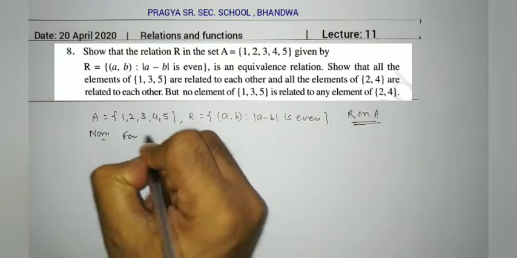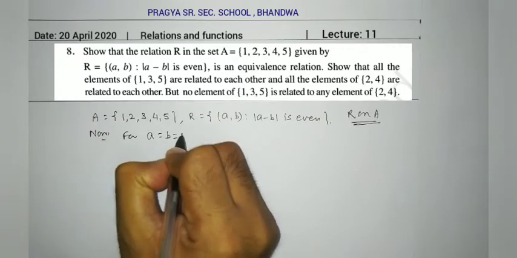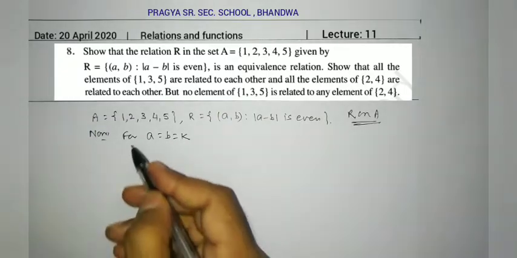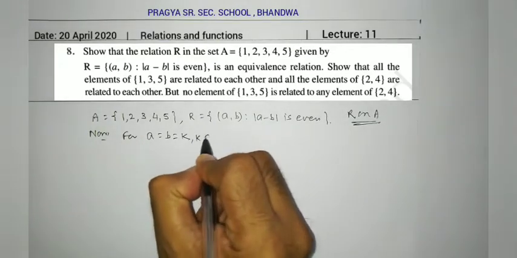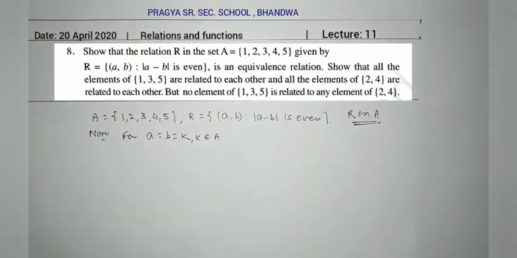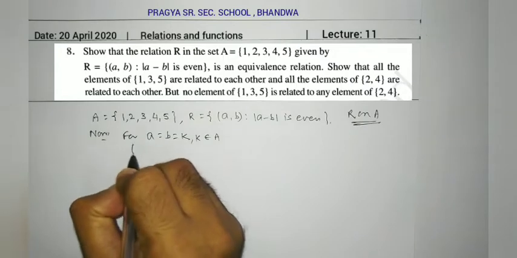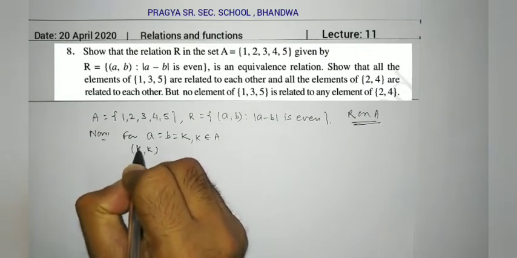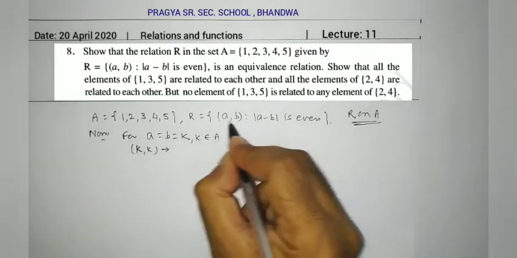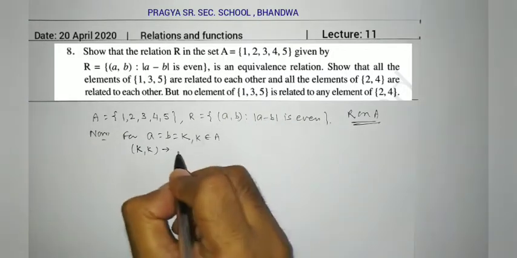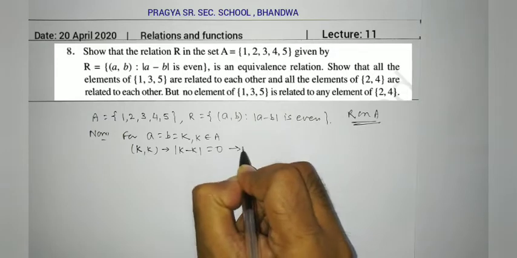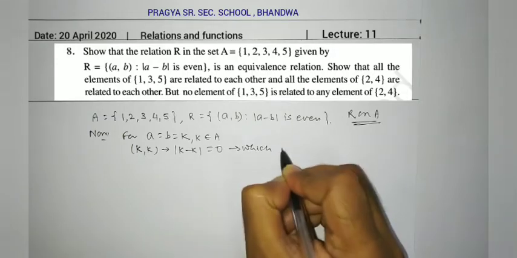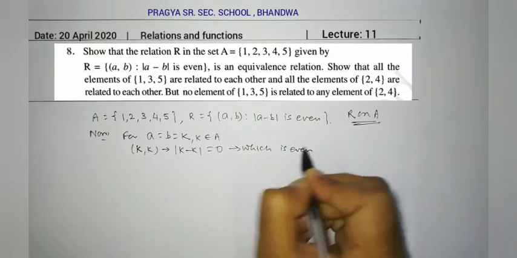Now for a equals b equals k, suppose we have considered a and b both equal to k, where k belongs to set A. What we will get is (k, k). Then |a - b|: |k - k| is equal to 0, which is even.